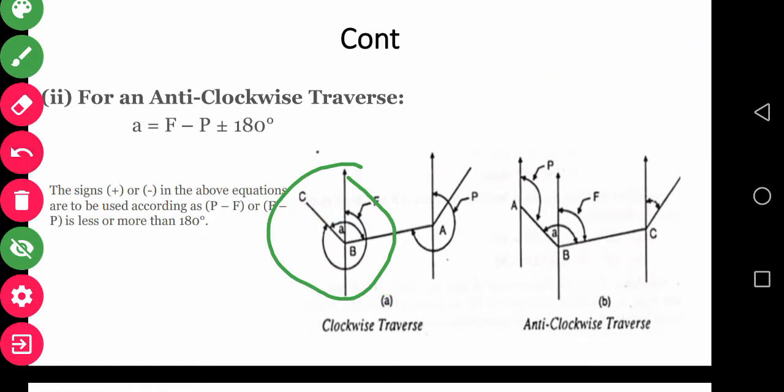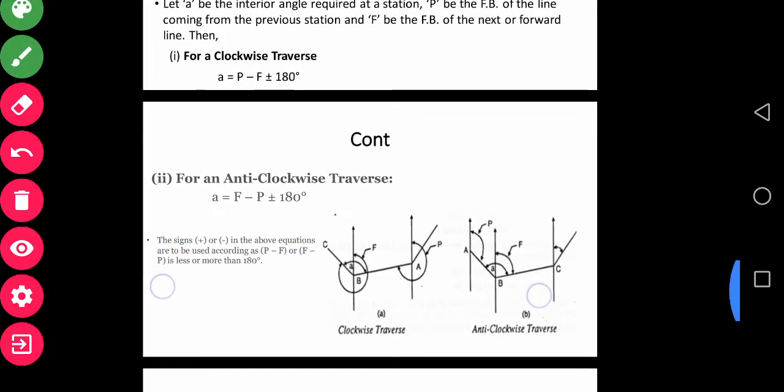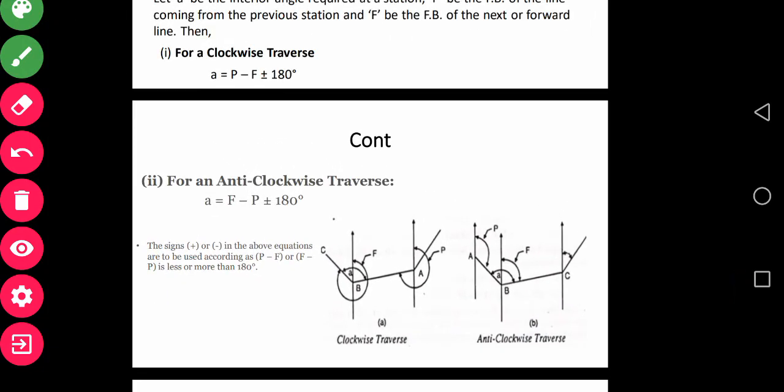After finding A1 and A2, we can add them and calculate A. So no formula is required for finding this. We can easily find it with the help of the figure.